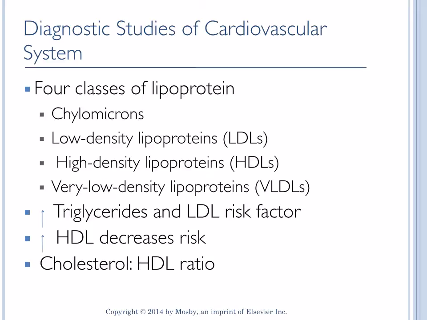So if a doctor orders a lipid panel, it will usually measure cholesterol, triglyceride, LDL, and HDL. This is the important part. Now we know what lipoprotein is, and they have different types.